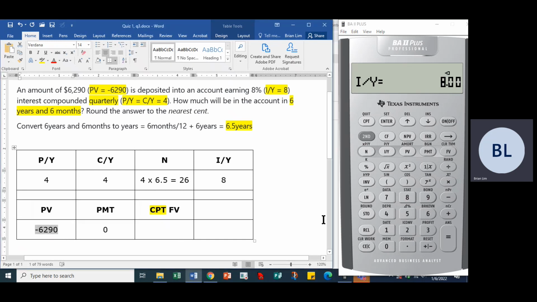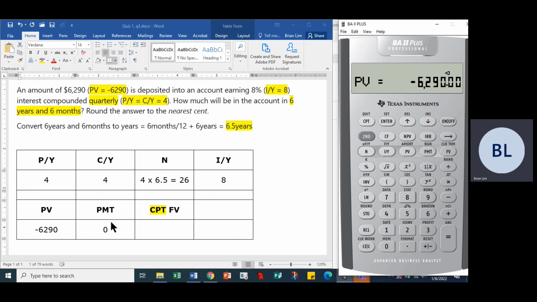Present value is negative 6290. So we put in 6290, click on plus minus, which makes it negative, and click on PV and it is entered. PV is equal to negative 6290.00. The payment is 0 because you're not making periodic payments.